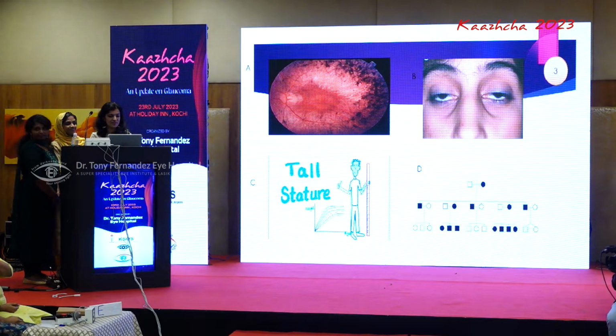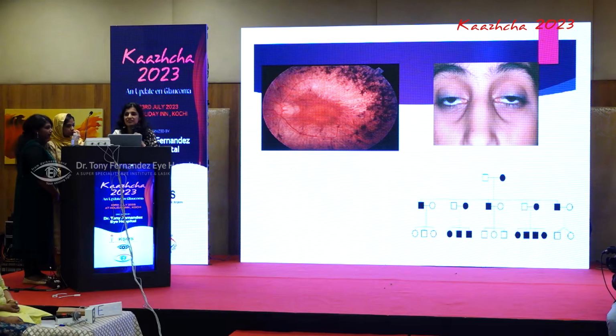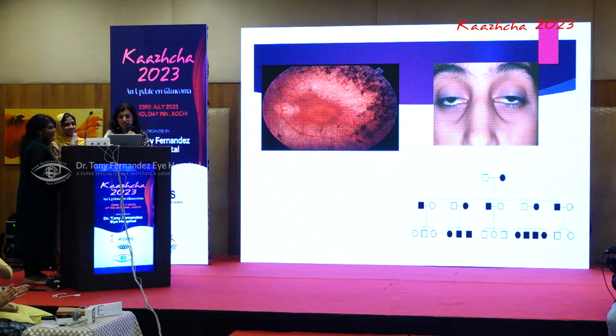Ruling out C. Correct. It's 10 marks. And what is the syndrome? Usher syndrome. Correct, 10 marks. So total 20 marks for team C.